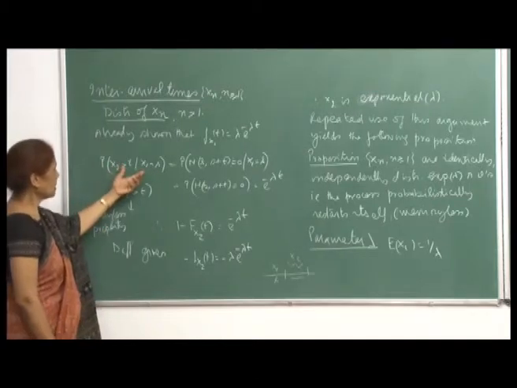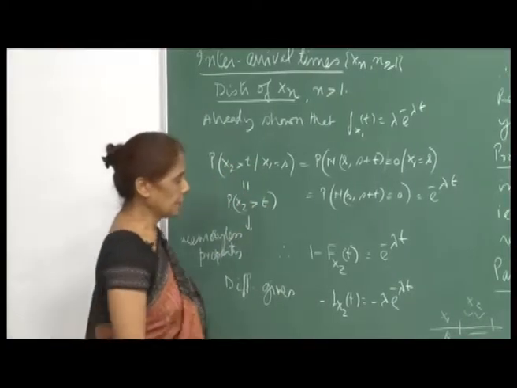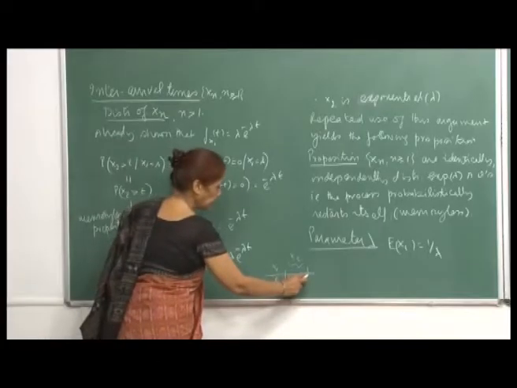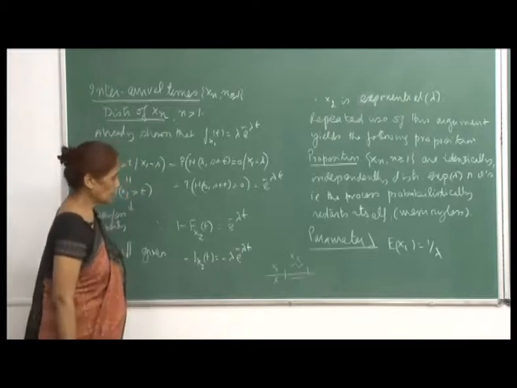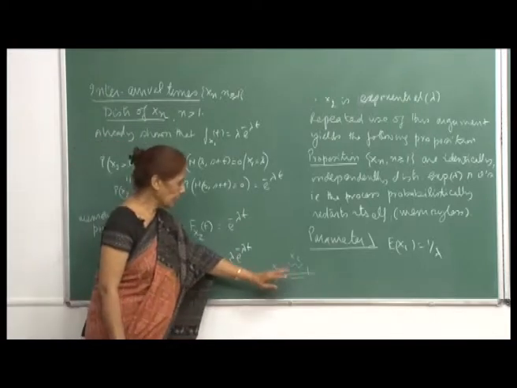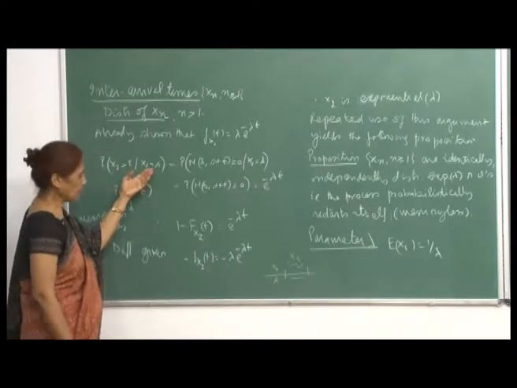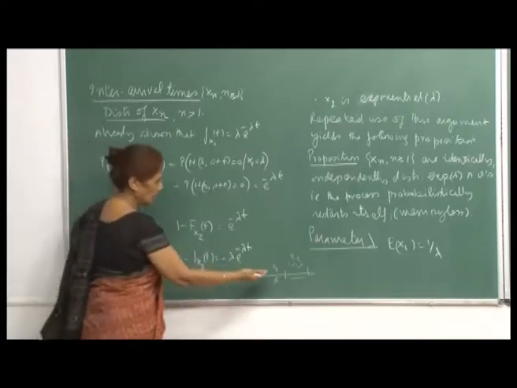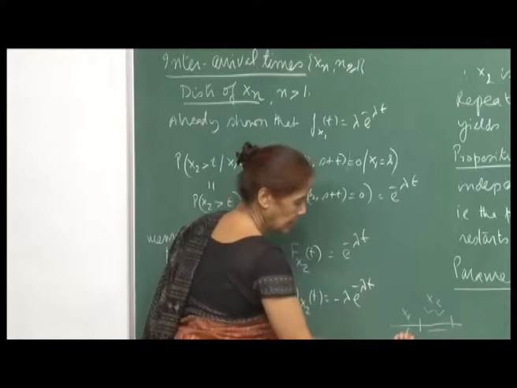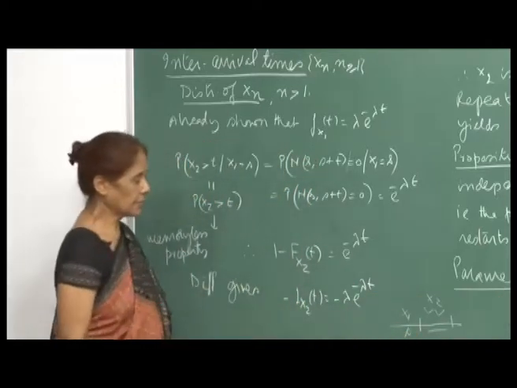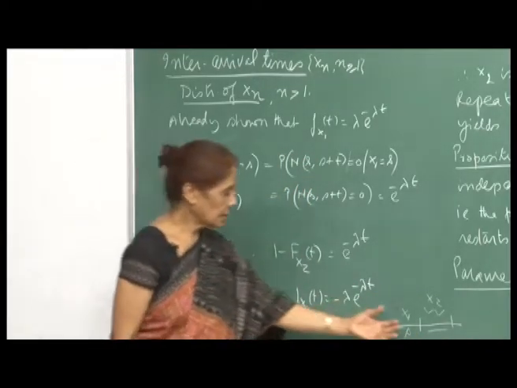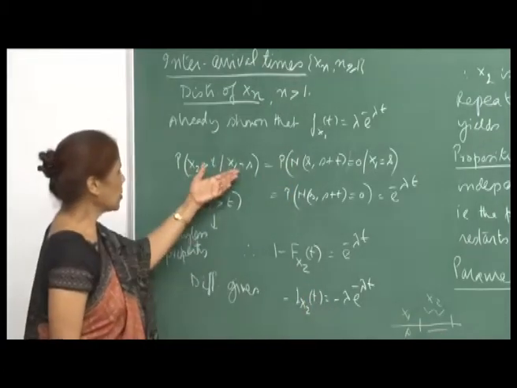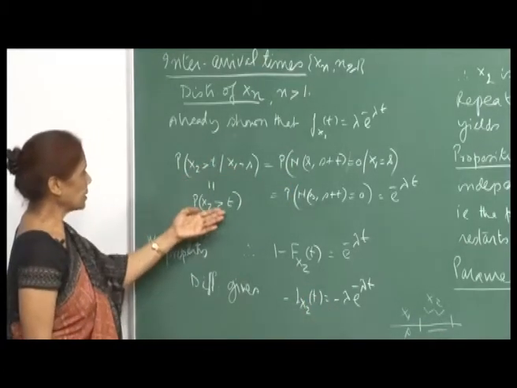But since we have shown already that the inter-arrival times are exponential, they are memoryless, and therefore it does not matter when the first event took place. The conditional probability is the same as the probability that x 2 is greater than t.